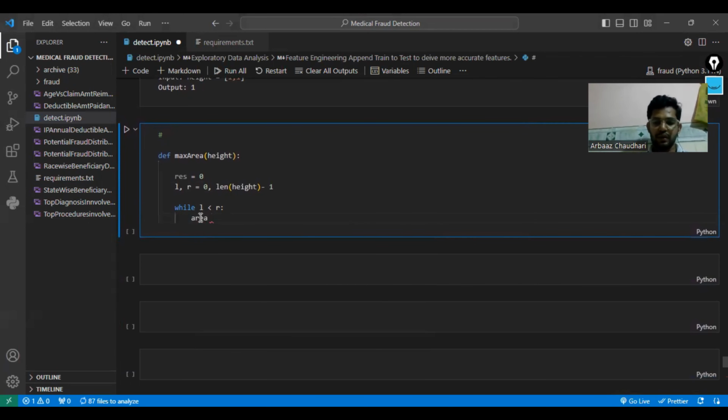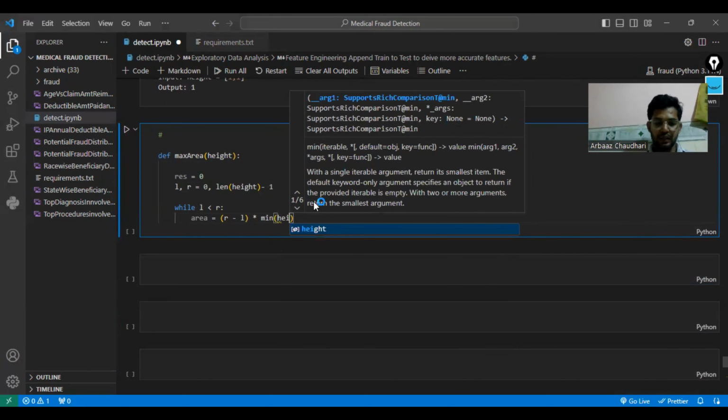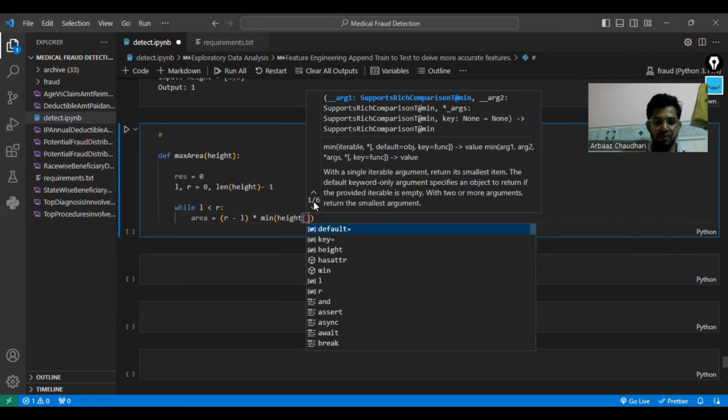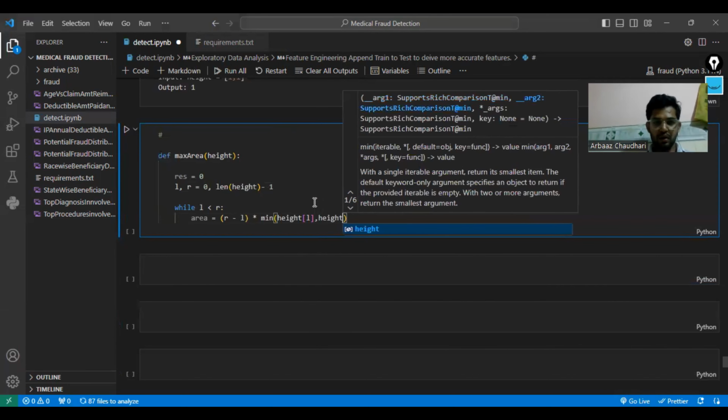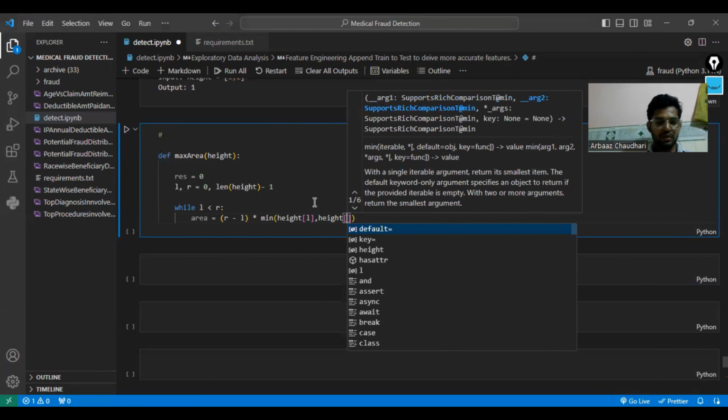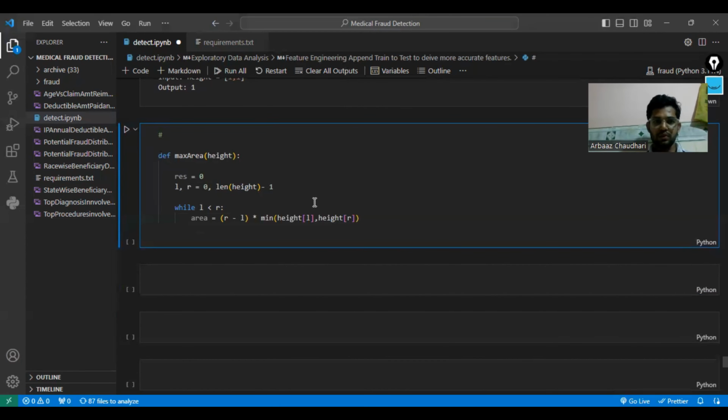So we need to find the area. For the area, this expression needs to be written: r minus L multiplied by the minimum of height of L, comma, height of R. Okay, this much is done.